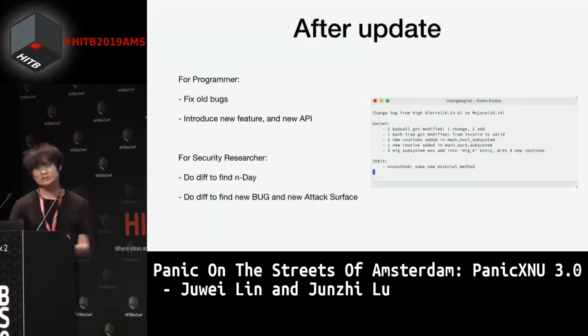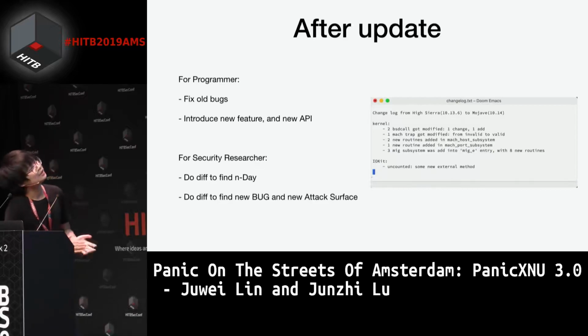Another one is the diffing tool. We know that after an update, programmers fix bugs and introduce some new features and new APIs. For security researchers, we do some diffs so that we can find all the new changes, and find new bugs and new attack surface.